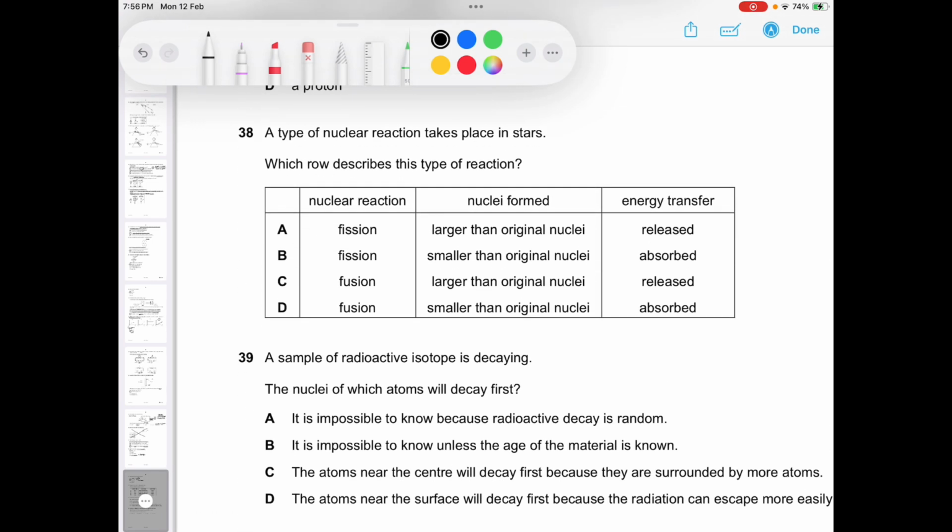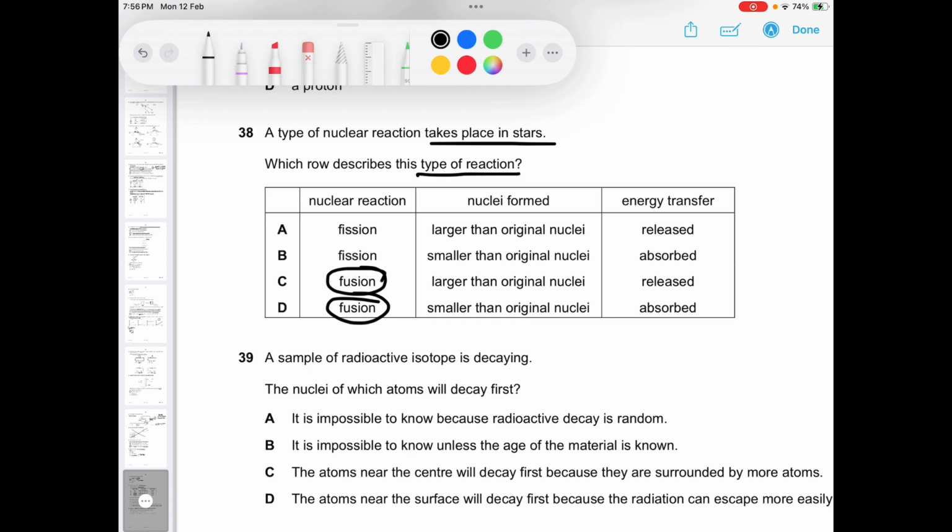What type of nuclear reaction takes place in stars? Which row describes this reaction? Nuclear fusion, not fission. Fusion involves two small nuclei fusing together to form a larger nucleus. It's like, in our sun, two small hydrogen atoms forming one helium nucleus.